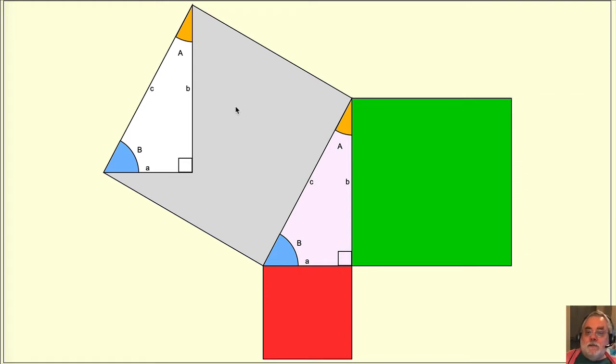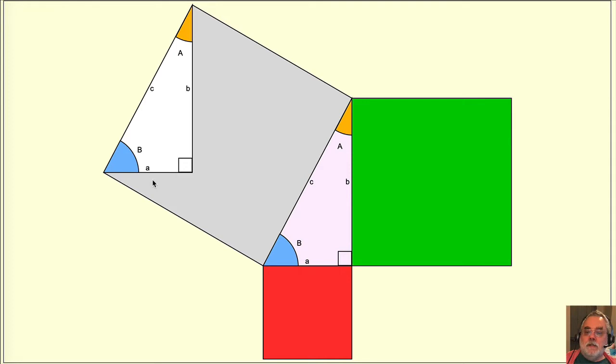What next? Can we tell anything about the gray angle between the triangle's side A, here, and the side of the square, here, this angle?